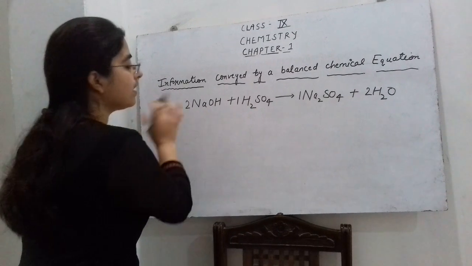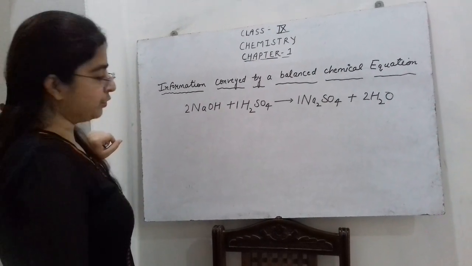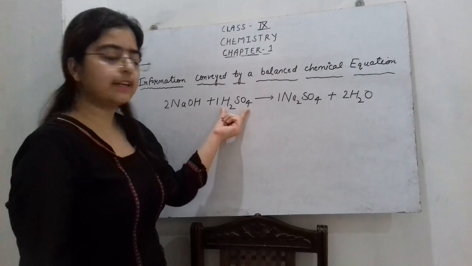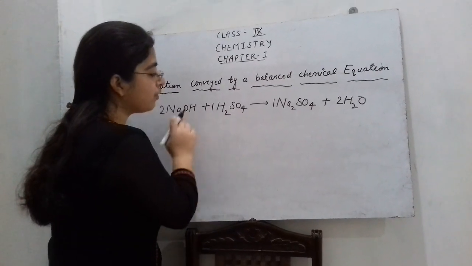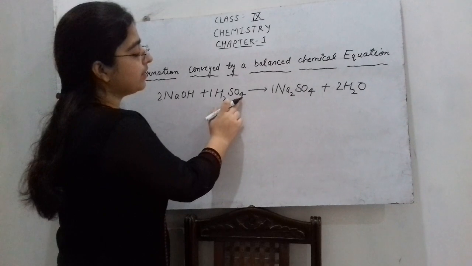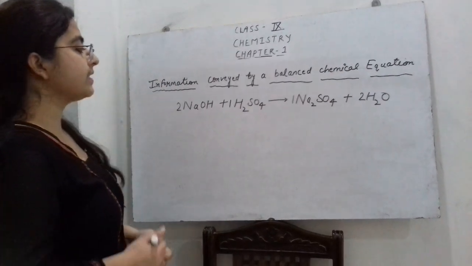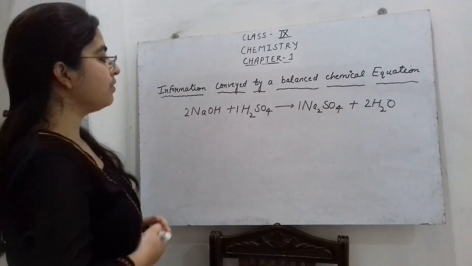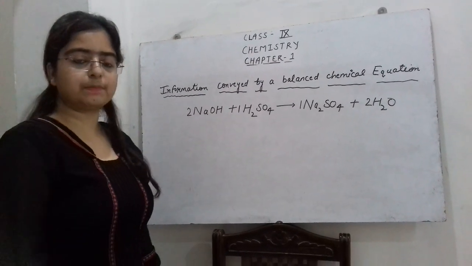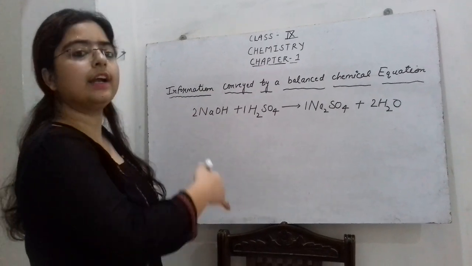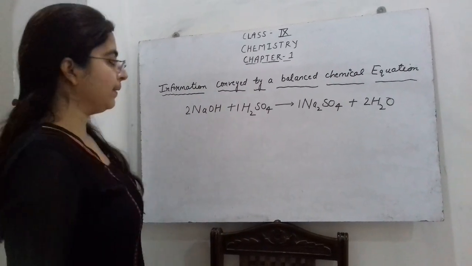So this is the chemical composition of a molecule. In the same way, 1 molecule of sulfuric acid contains 2 atoms of hydrogen, 1 atom of sulfur and 4 atoms of oxygen. So a balanced chemical equation tells us about the chemical composition of the respective molecules which are present on the reactant side and also on the product side.